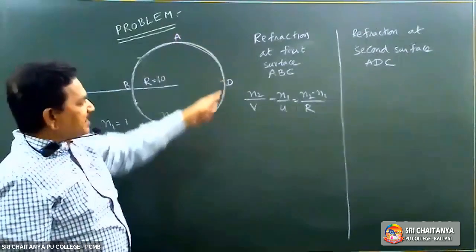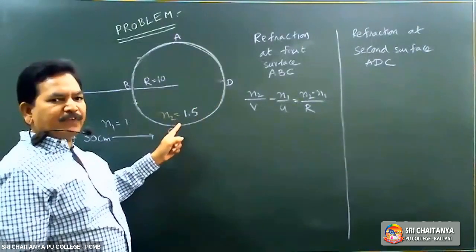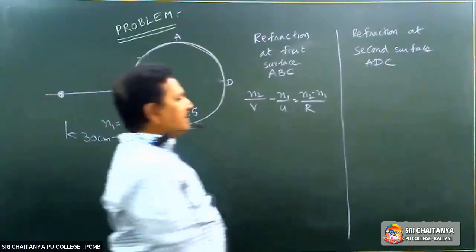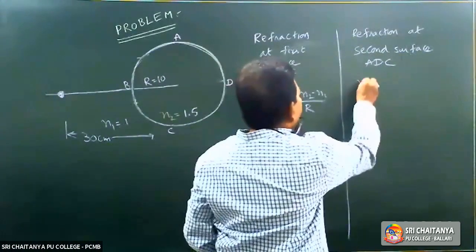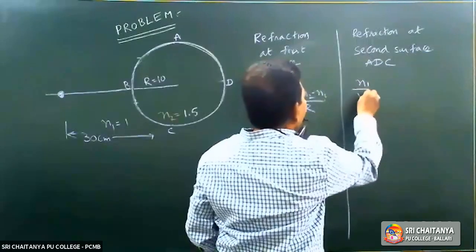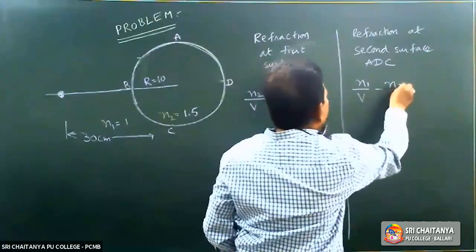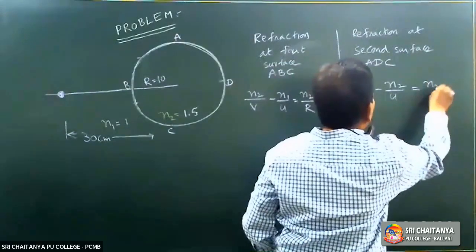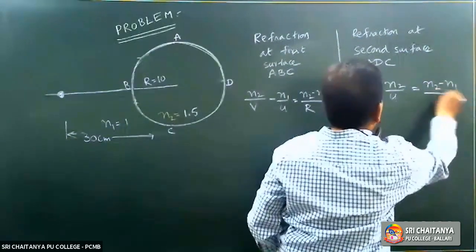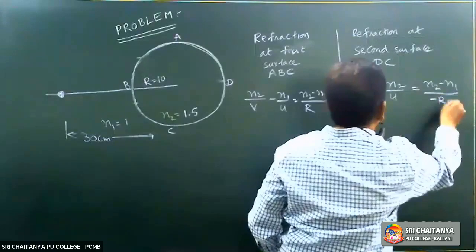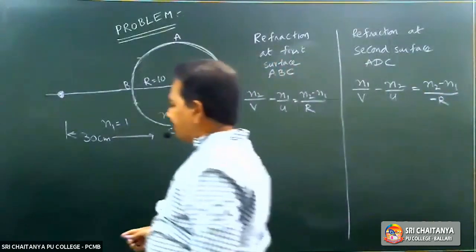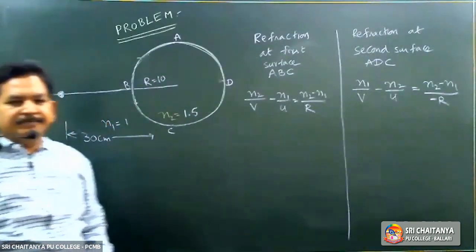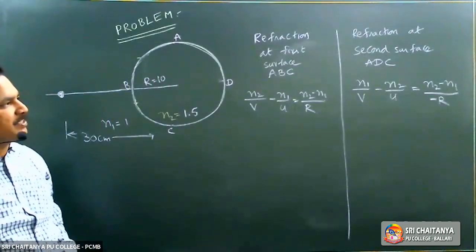Since near the second surface the light ray travels from denser medium to rarer medium, the formula for refraction at spherical surface is N1 by V minus N2 by U is equal to N2 minus N1 by minus R, because light rays travel from denser medium to rarer medium. Observe the difference.